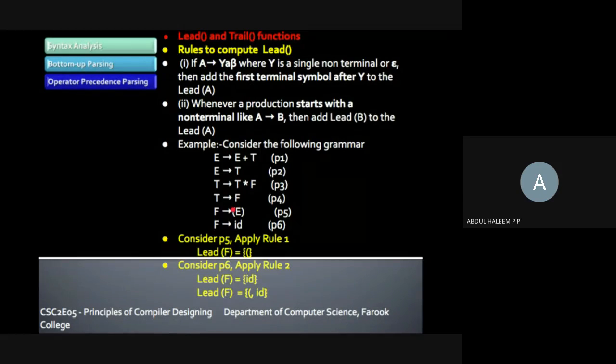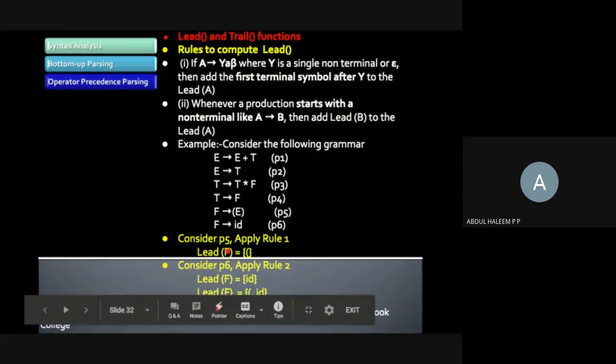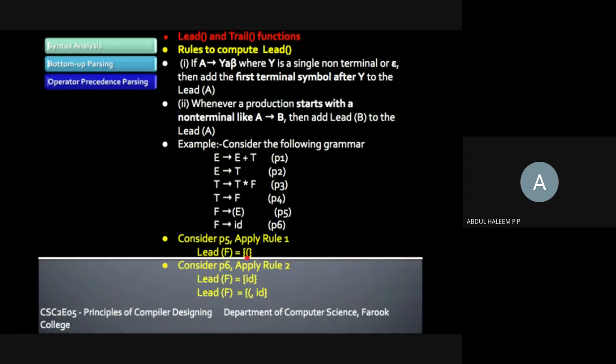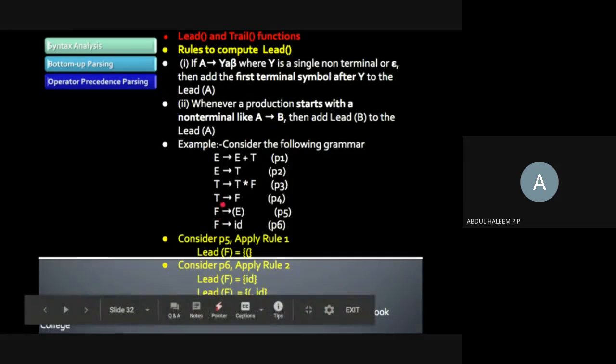So after the invisible Y, we can see that there is a left bracket here, which is a terminal. So LEAD of F will contain a, where a means left bracket. So I hope that we have applied rule number 1 on production P5 to compute LEAD of F. I hope it is clear.